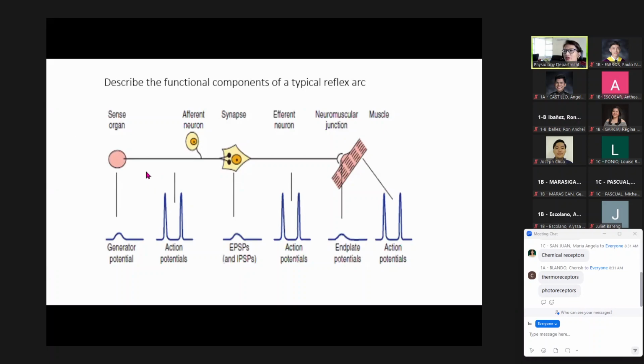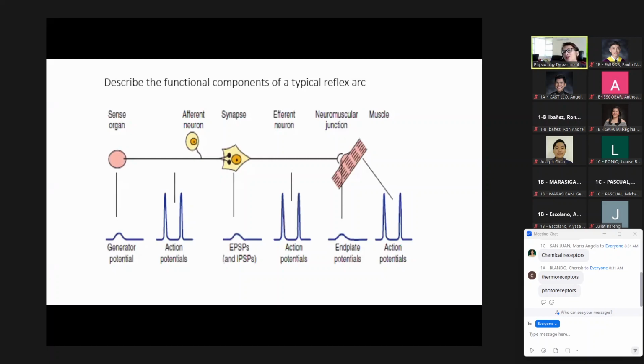So where do we generate our action potentials? Now, the action potentials are generated in your afferent neuron. Okay, so you have your generator potentials in the receptors, and then there will be summation of these generator potentials, and then you will be producing your action potentials in your afferent neuron.